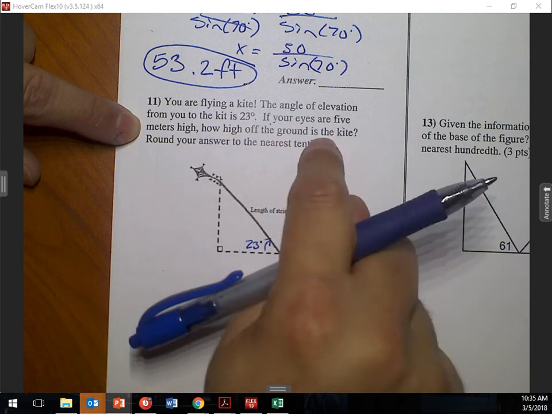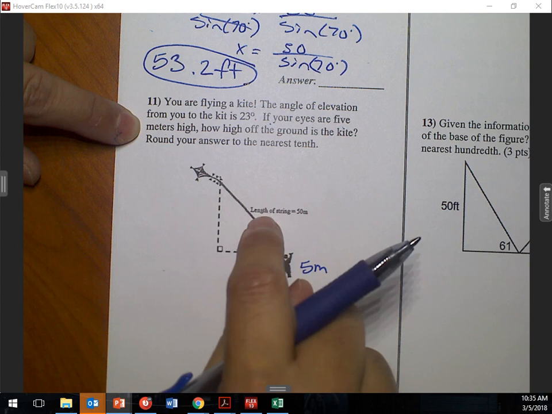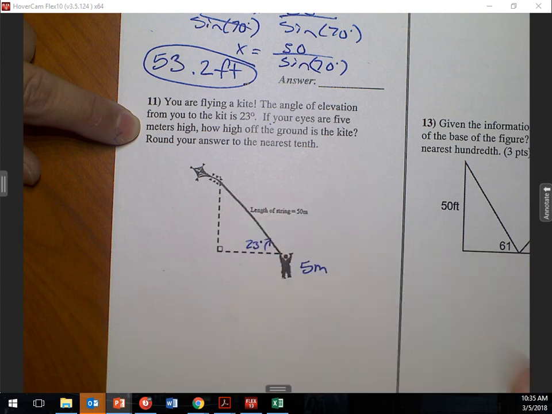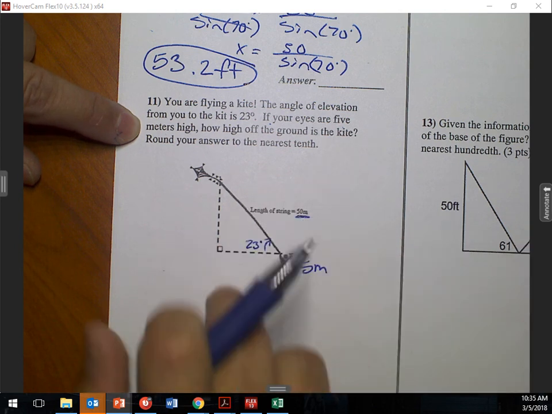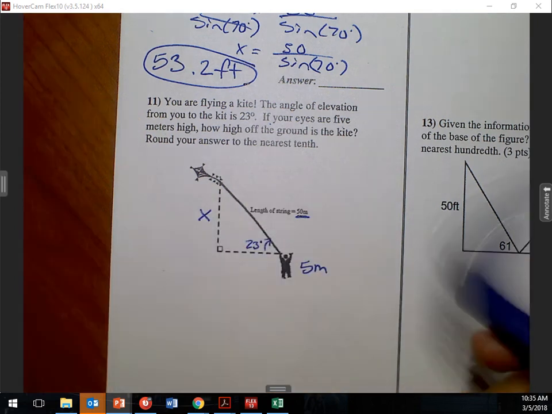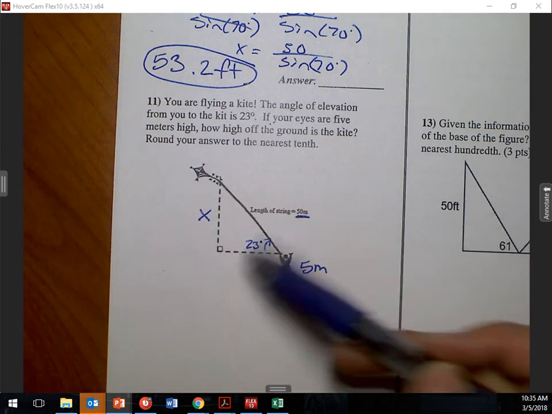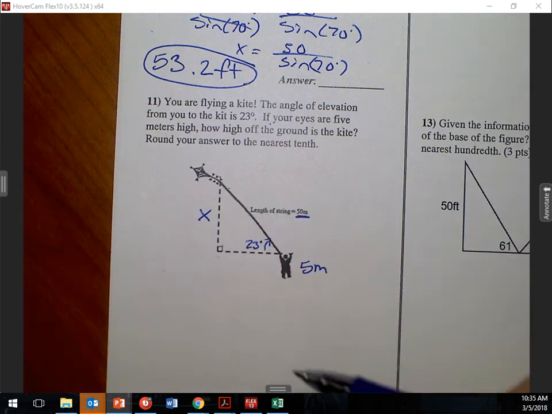How high off the ground is the kite? Round your answer to the nearest tenth. Okay. Length of string is 50 meters. So this is 50. And how high off the ground? So I'm going to put an X right here because I'm looking for this. And when I find this, what am I going to do with that answer? Add what?